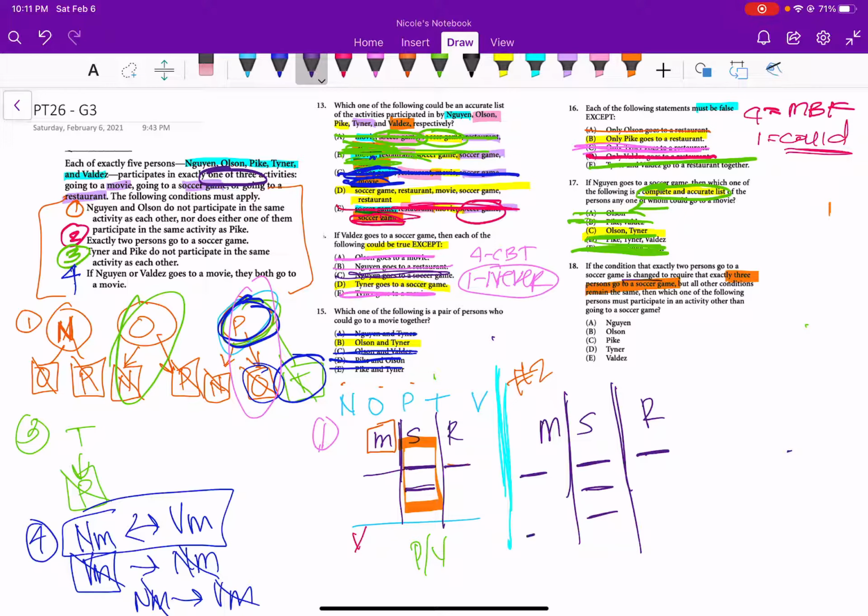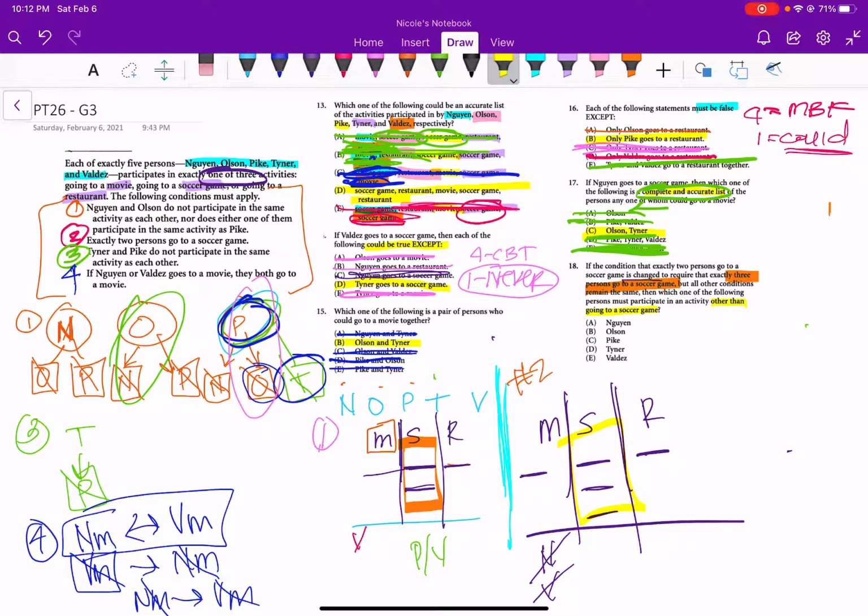So we know that our movie people cannot be N and they cannot be V. So this is saying, which of the following persons must participate in activity other than the soccer game? So it's saying who cannot be one of these people?